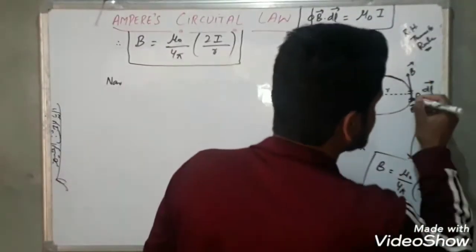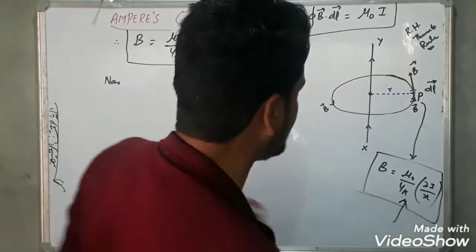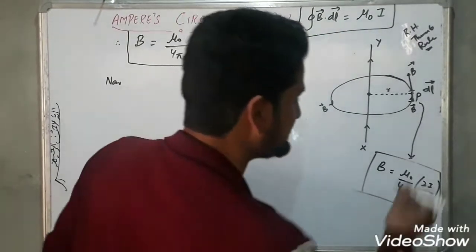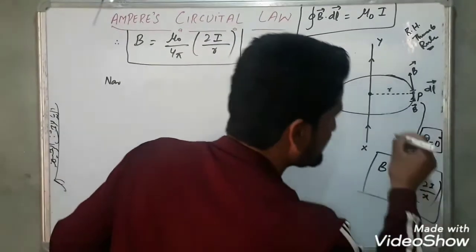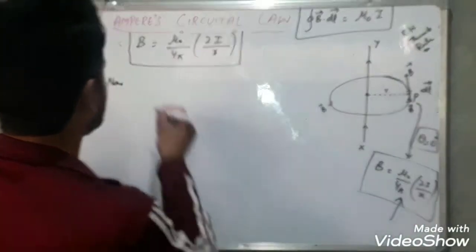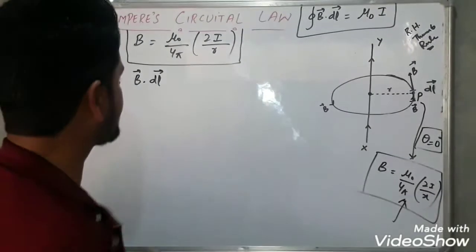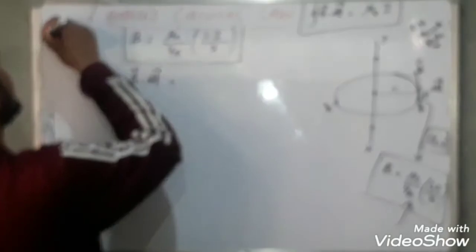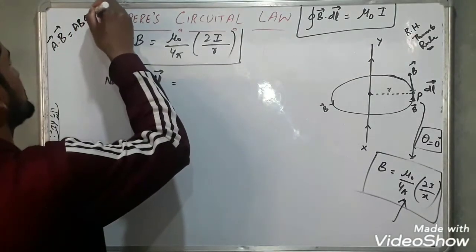At this time, B and dl will be in the same direction, and when two vectors are in the same direction, their angle is always 0 degrees. So for this small element, I take the magnetic field along this small element, that is B dot dl. You have seen in class 11th, the vector scalar product A dot B is AB cos theta.